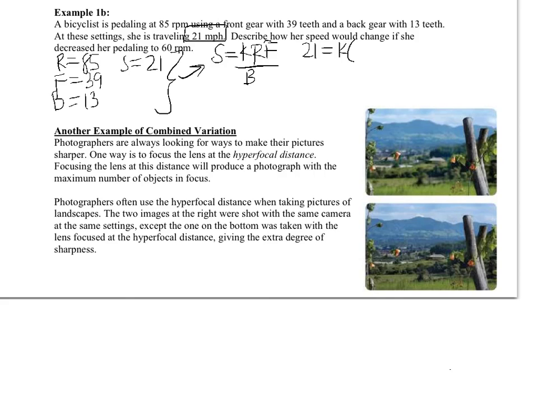She was pedaling at 85 RPM, so we should have put 85. Oh, we did put 85. There it is. Front gear had 39 teeth, and the back gear had 13 teeth. We solve for K, and we should get 0.0824. That's our K value.